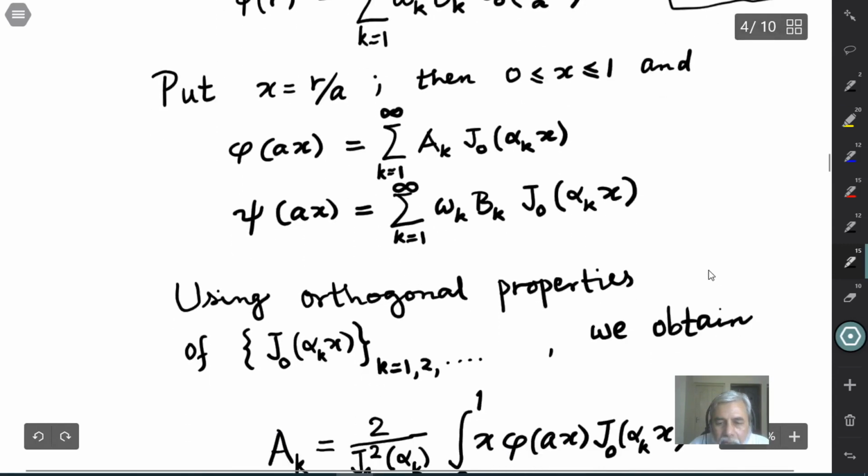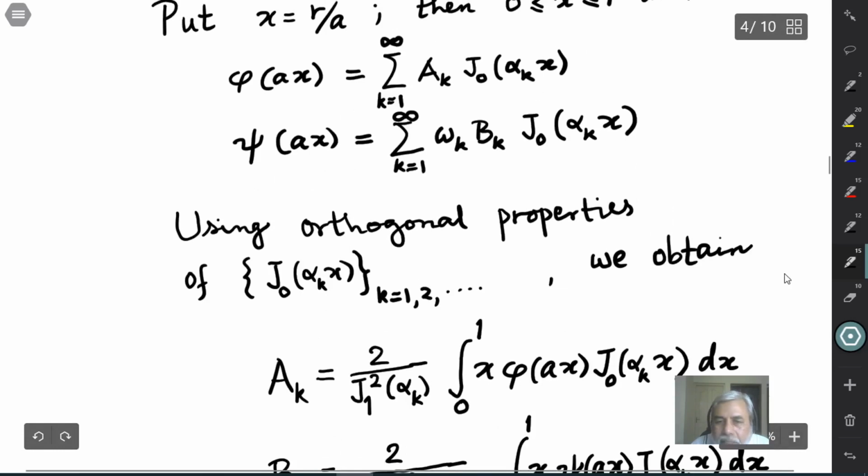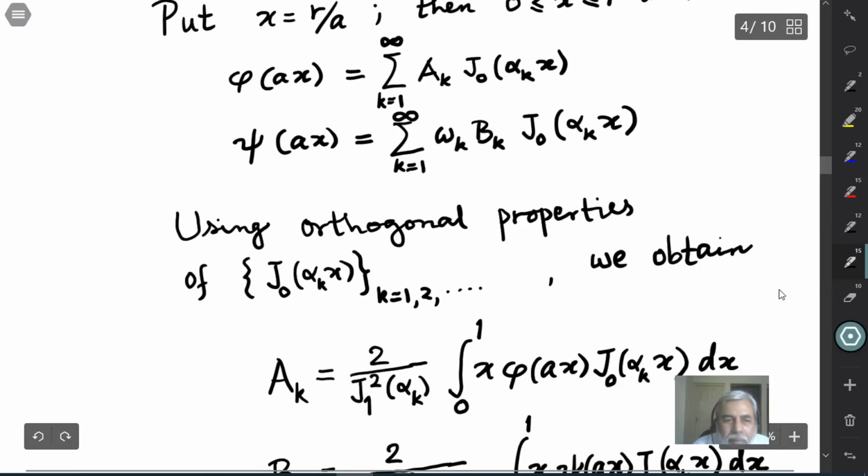Okay, the orthogonal properties, I will again repeat.